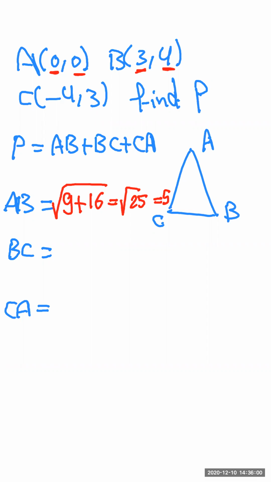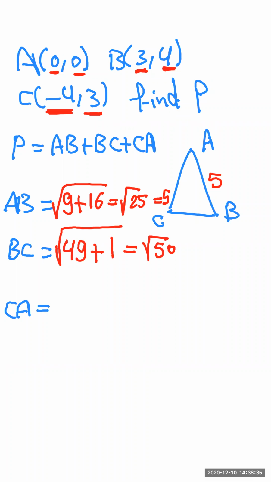So AB will equal 5. Great. Then BC, x2 negative 4 minus x1, which is 3. So negative 4 minus 3, so negative 7. Negative 7 squared means 49. Plus y2 minus y1, 3 minus 4, negative 1 squared, so 1. So the square root of 49 plus 1 means the square root of 50.